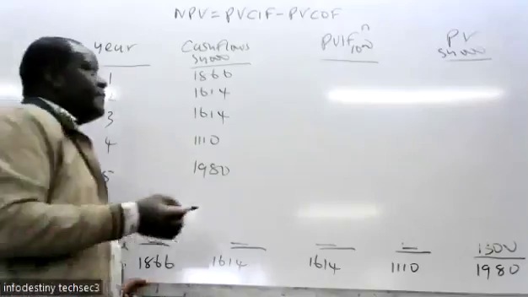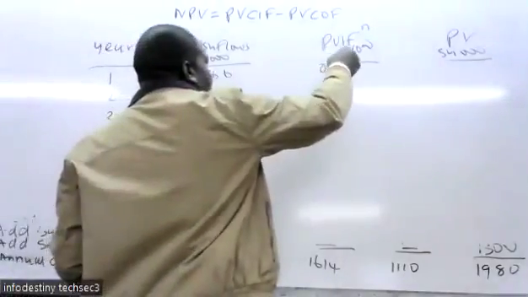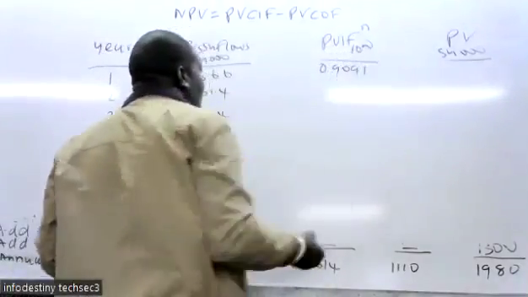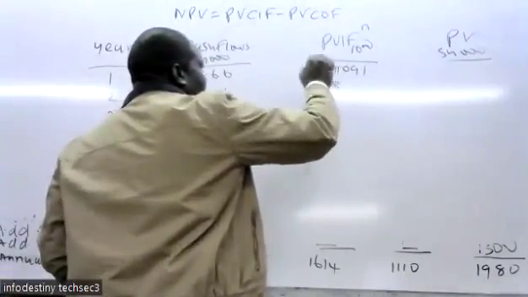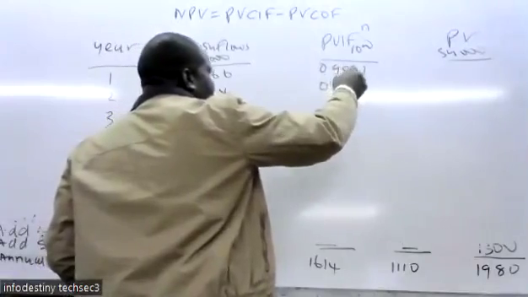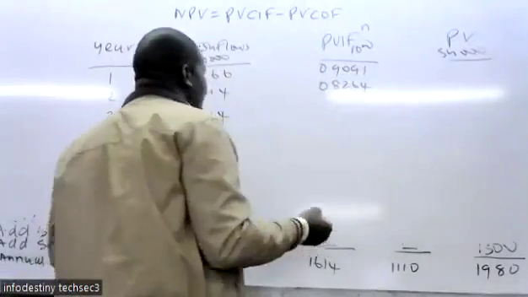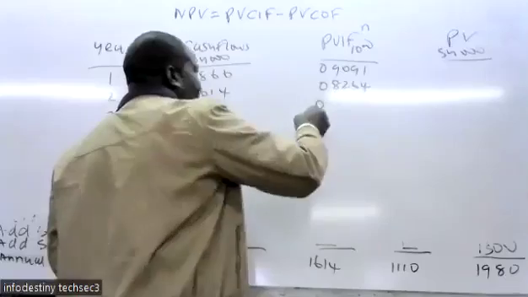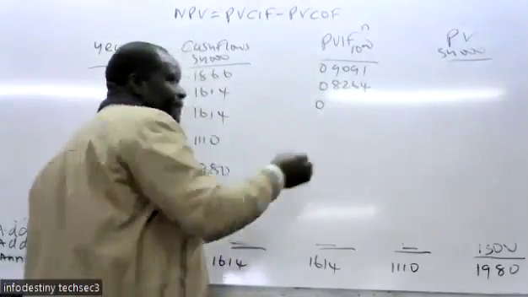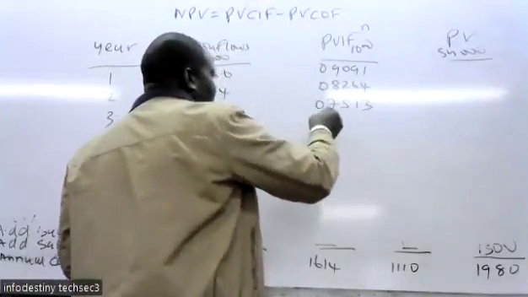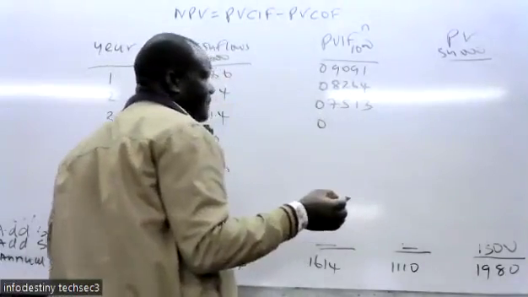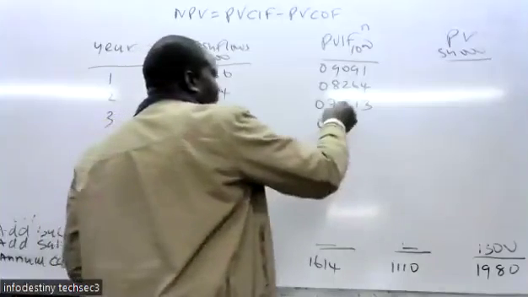0.909. How about year 2? 0.826. Then year 3, 0.751. How about year 4? 0.683.